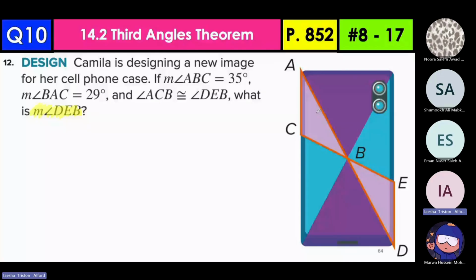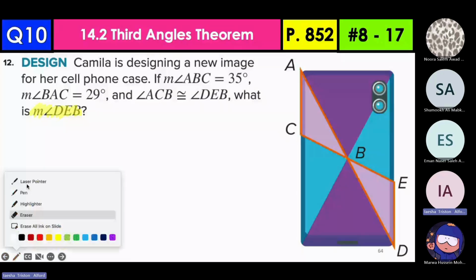In the exam, you should have this picture and you need to mark the angles. Angle ABC, you start at A, you go to B, you stop at C. So the 35 degrees should be there in the middle.